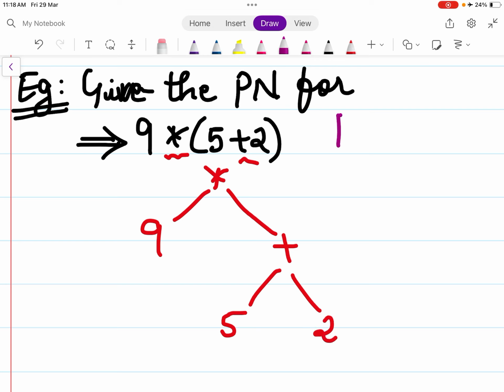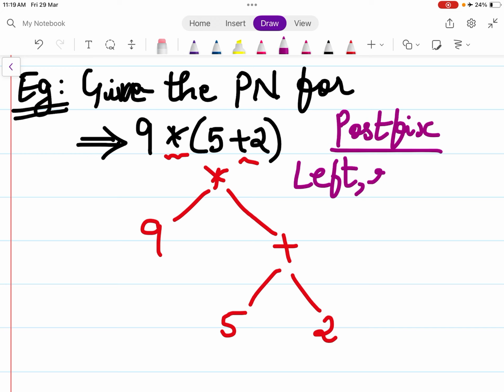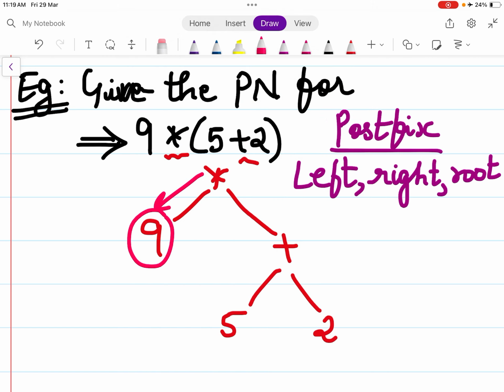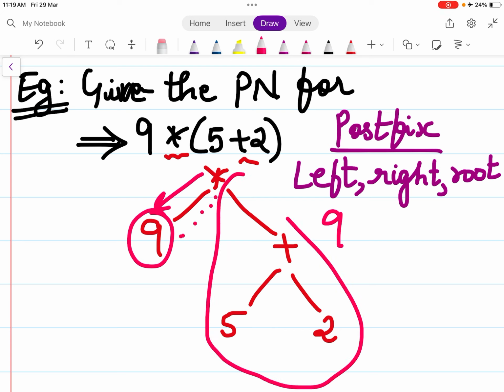So in postfix, always remember, first we write the left subtree, then we write the right subtree, and then we go to the root. So the postfix notation for this will be, first go to the left subtree. Your left subtree is 9, so write 9 right here. Then we backtrack and go to the right subtree.